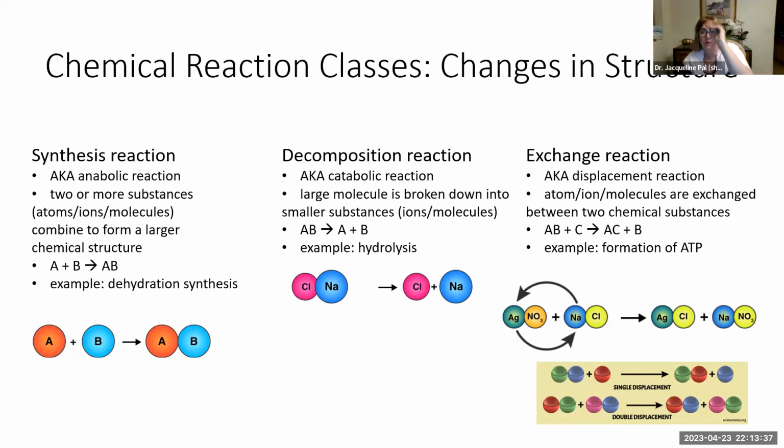There's a couple examples I'm going to show you down here where we have silver being exchanged for sodium in the first example, where we just have a single displacement. That can also be seen in the colors of the first one, and it's also my example with the A's, B's, and C's I gave you. But we also could have a double displacement here, where we are switching 2 things going around. So exchange reactions are also fairly common.